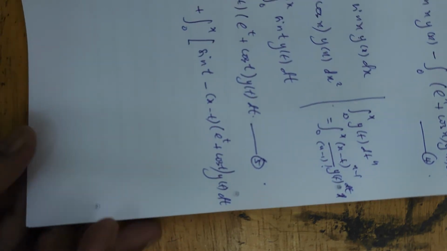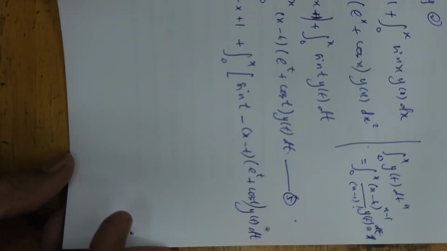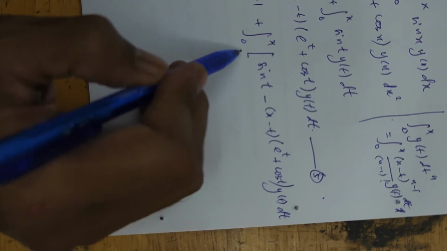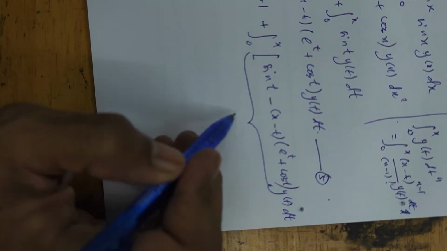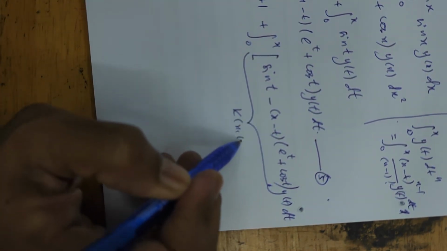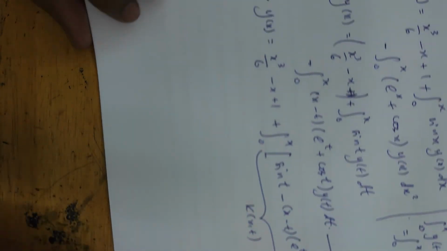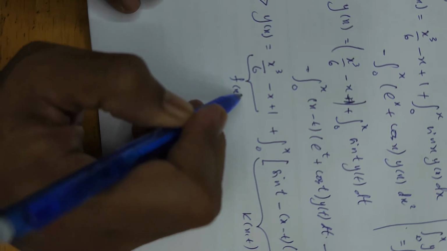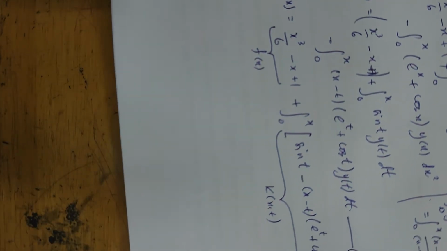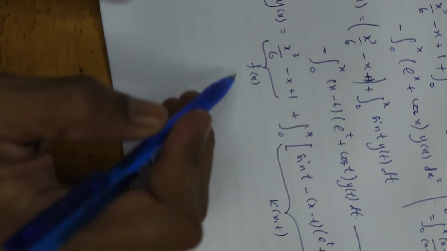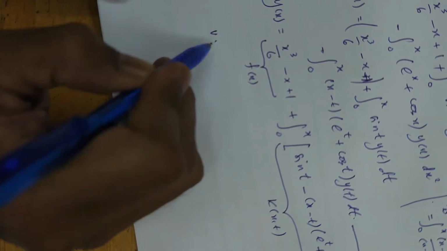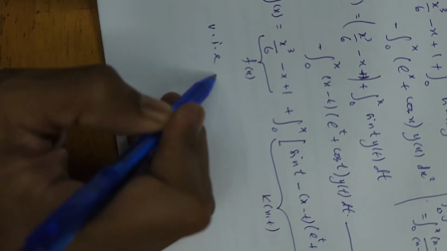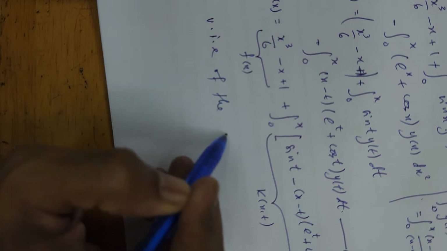So this is the required Volterra integral equation, because you can see this is our kernel K(x,t), and this is our known function f(x). So that gives us the Volterra integral equation of the second kind.